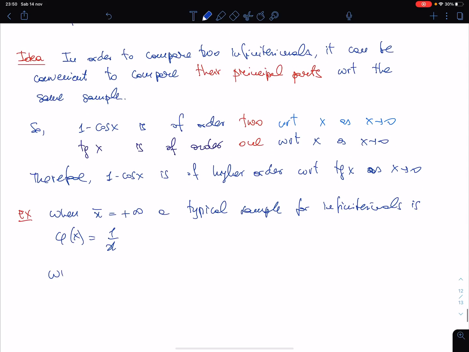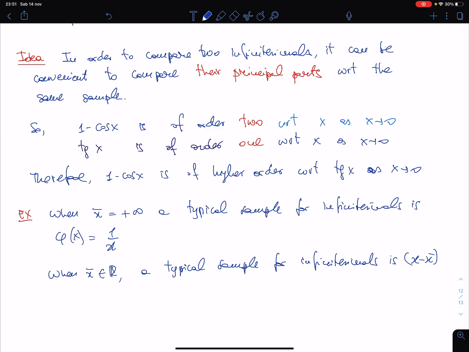When x bar is real, a typical sample for infinitesimals is x minus x bar to the alpha. Sorry, x minus x bar. And alpha would be the order. So, of course, every infinitesimal can be a sample, a legal sample. So perhaps in the exam you will be asked to use another sample. Don't be scared of that.